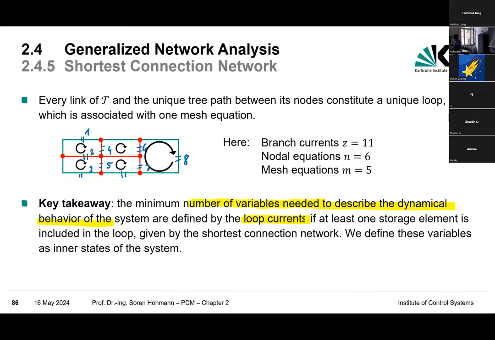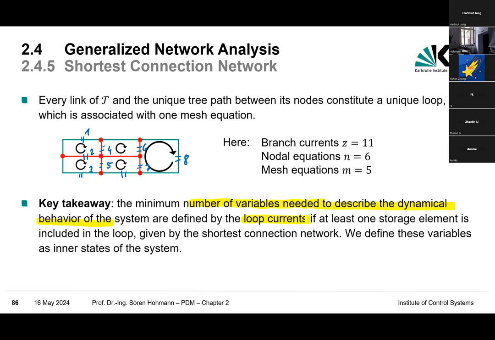Therefore, if you look at a physical object and think in this way, you already see the order of the system, because the number of states defines the order of the system, right? If you look at a spring mass damper system, the minimum order you end up with is spring and mass, 2 storages.